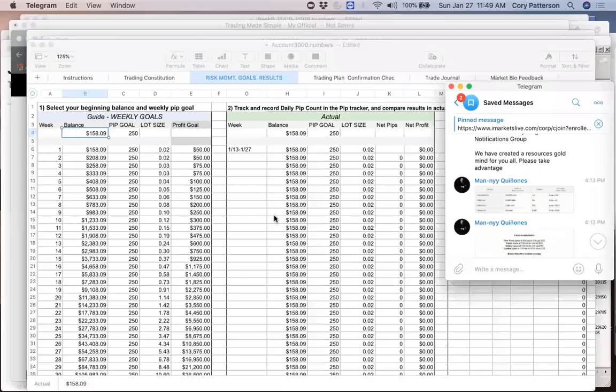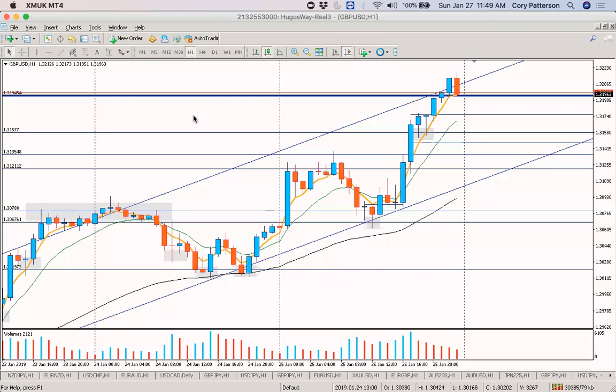So you'll get 10 cents for every pip. A pip in this major pair is calculated every time that price moves up a certain amount.